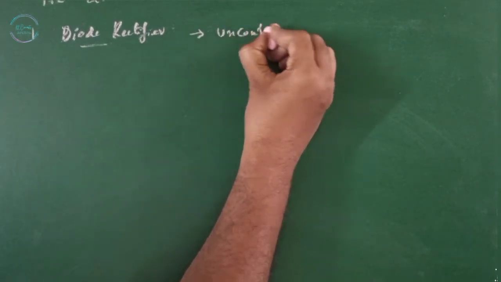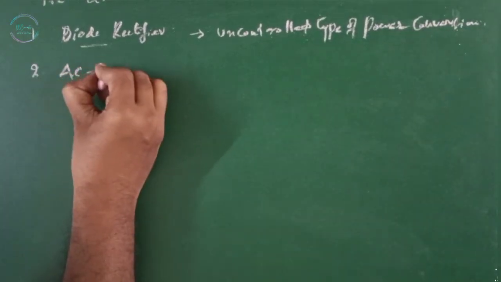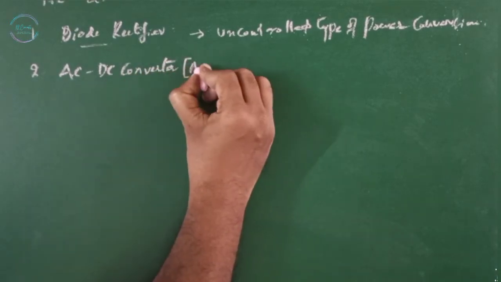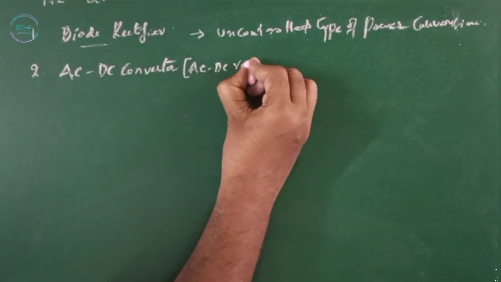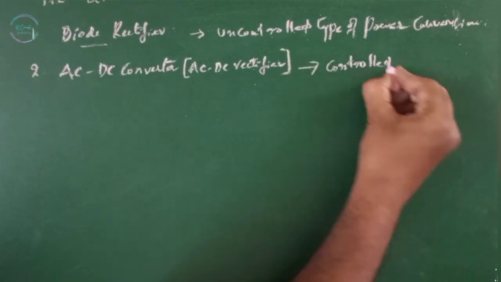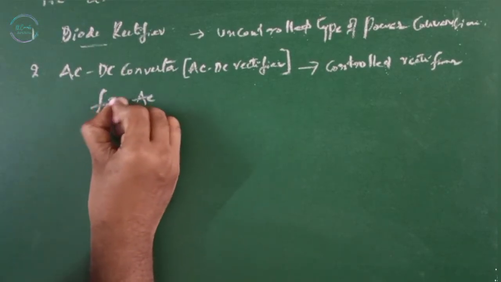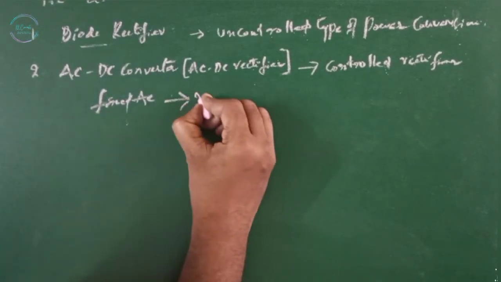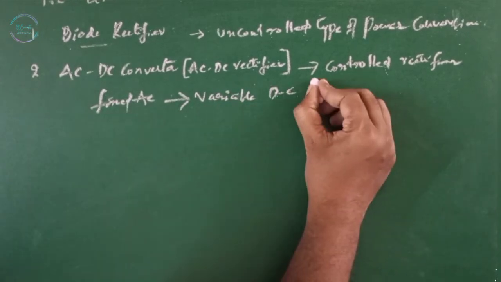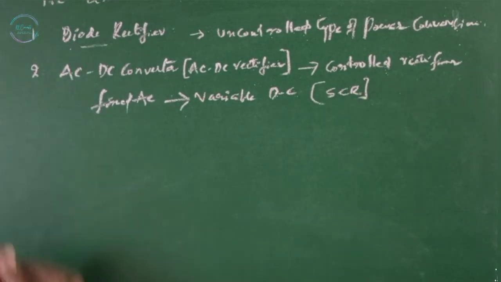It is an AC to DC converter or AC to DC rectifier, and next are controlled rectifiers. Here the conversion takes place from fixed AC to variable DC. For this purpose we can use SCRs or silicon control rectifiers, thyristors.